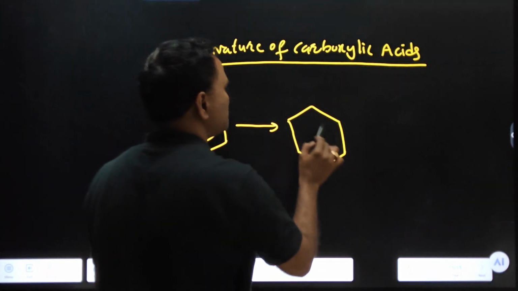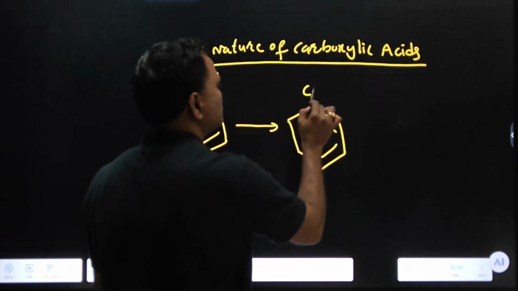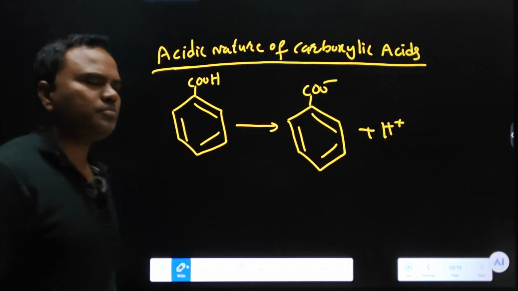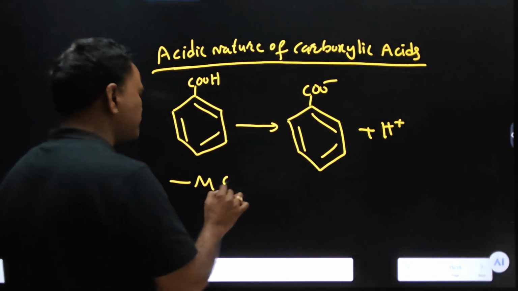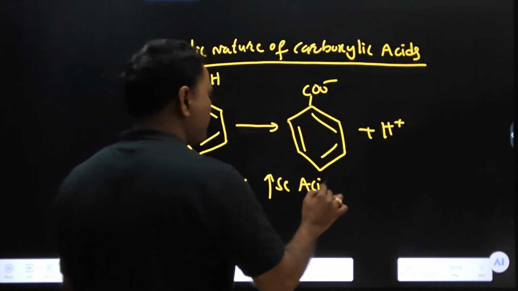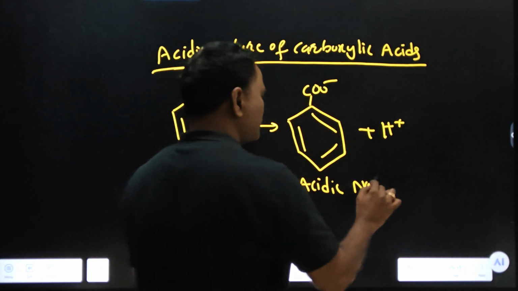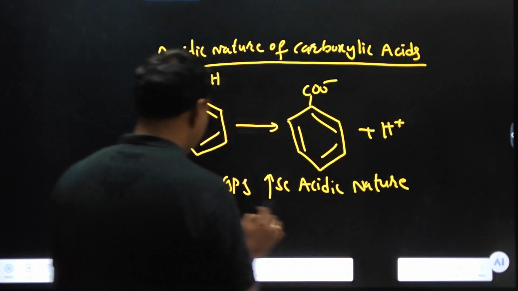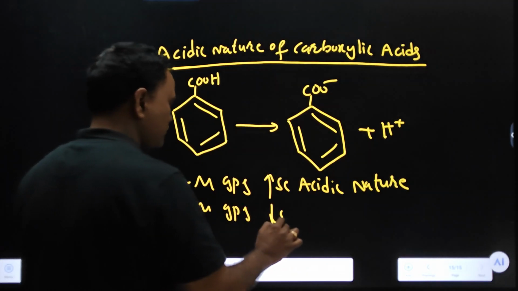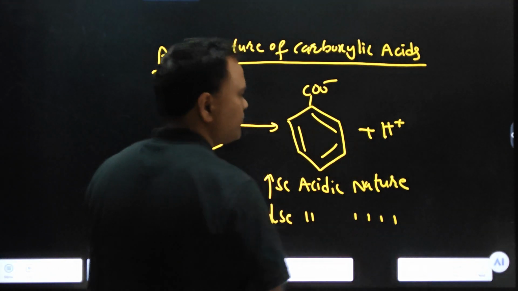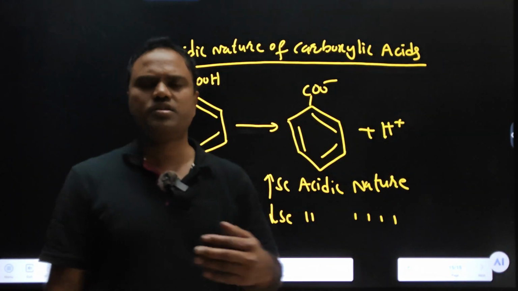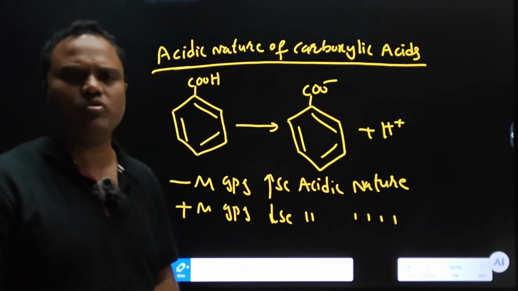Benzoic acid acts as an acid by losing H plus. Here also the same concept: minus M groups increase acidic nature, plus M groups decrease acidic nature. Ka is directly proportional to acidic nature, pKa is inversely proportional to acidic nature. Those statements are the same, no doubt.